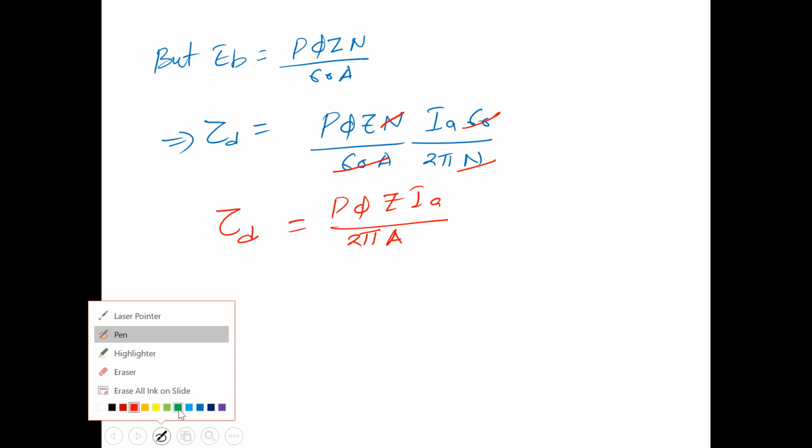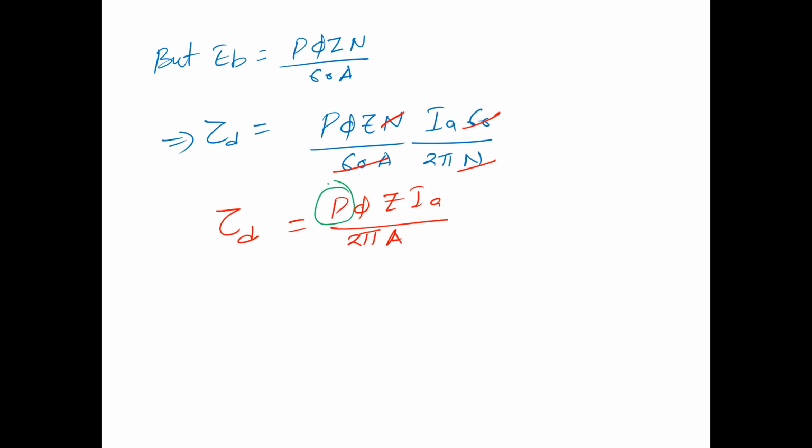From this equation we also concluded this P is constant, this Z is constant, 2 pi is constant, A is constant. Then this equation can also be written as developed torque is equal to K phi IA, where K is the torque constant of motor.